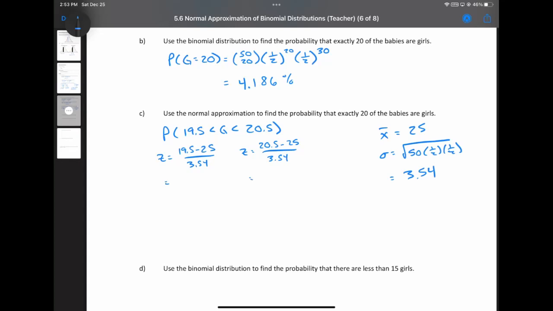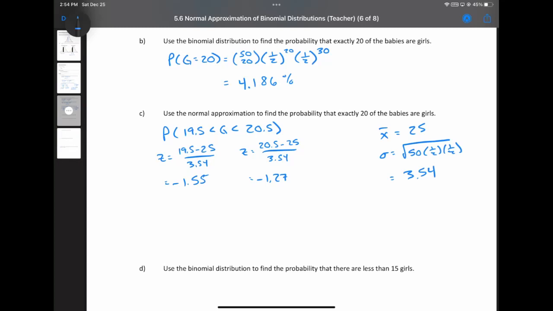Take a moment to punch that into your calculator. And this one is negative 1.55. And the other one is negative 1.27.